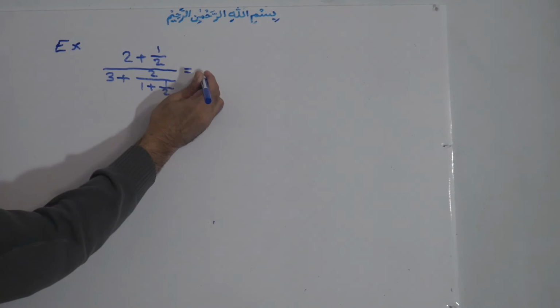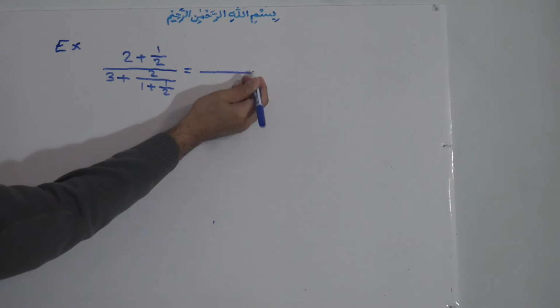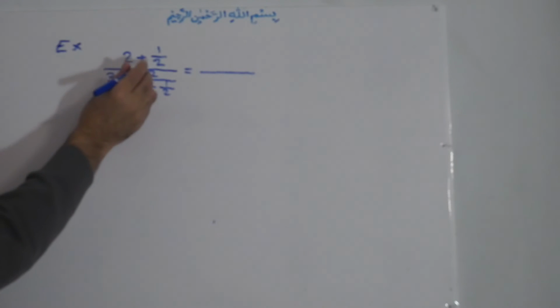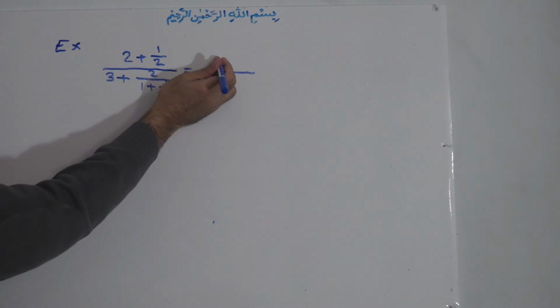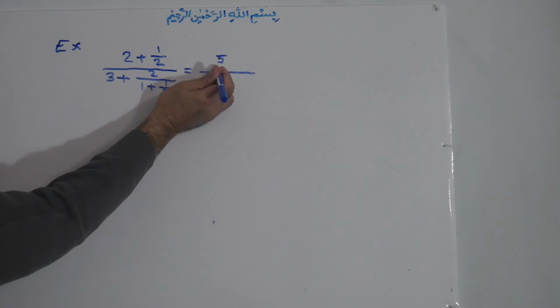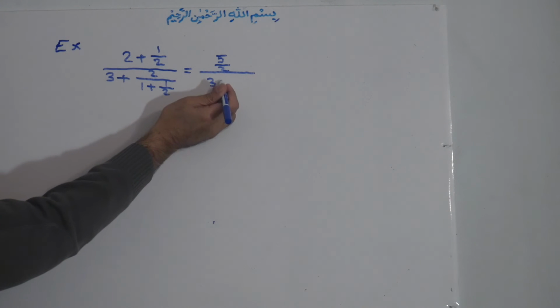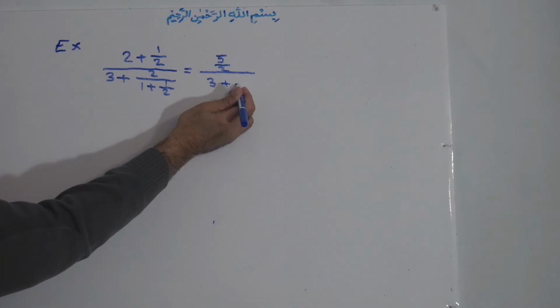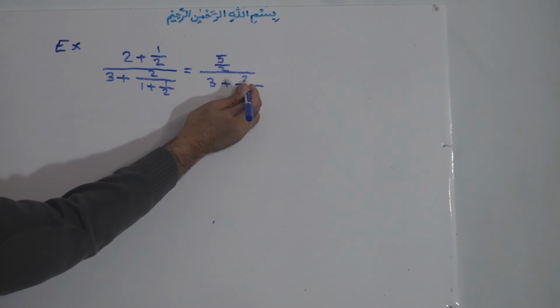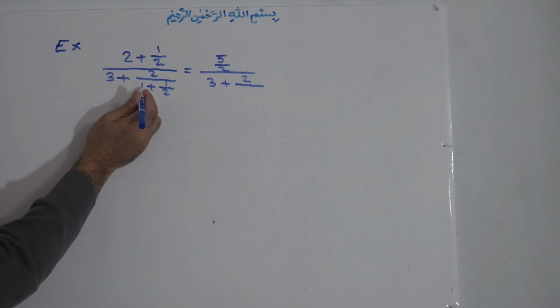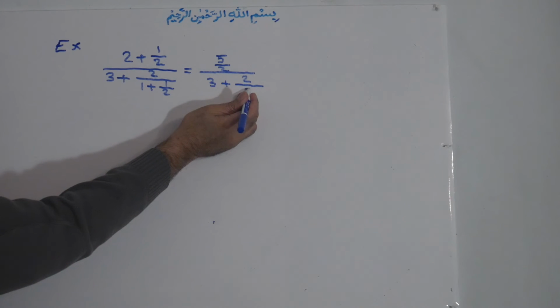This is equal to, we simplify this one and also simplify this one. We do 2 times 2 is 4, 4 plus 1, 5 over 2, over 3 plus 2 over 2 times 1, 2, 2 plus 1 is 3 over 2.